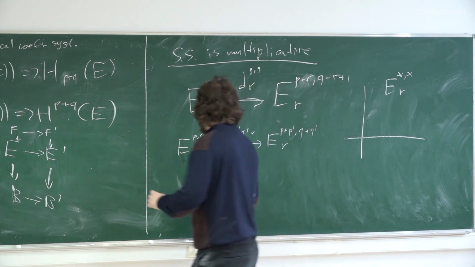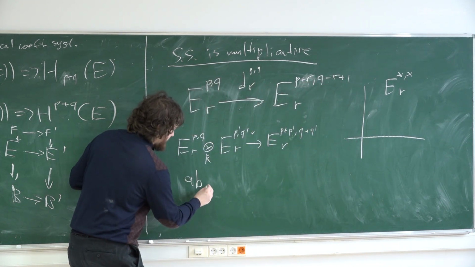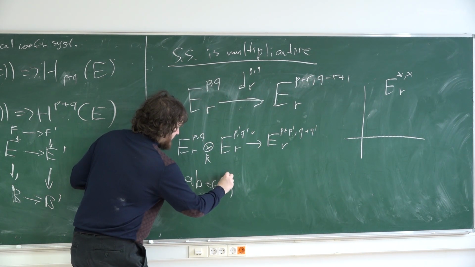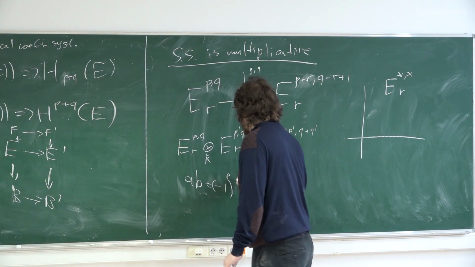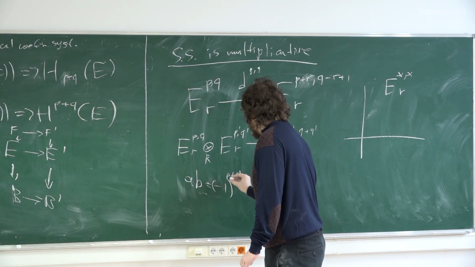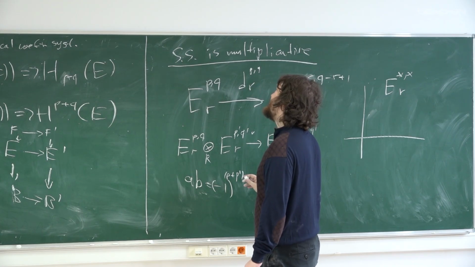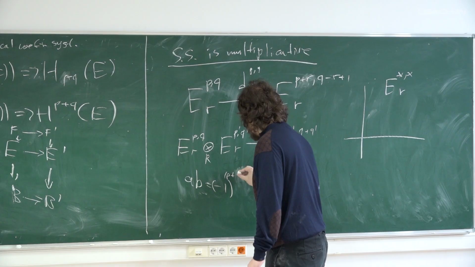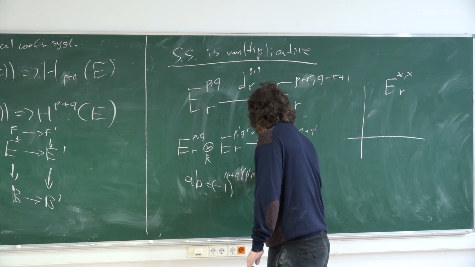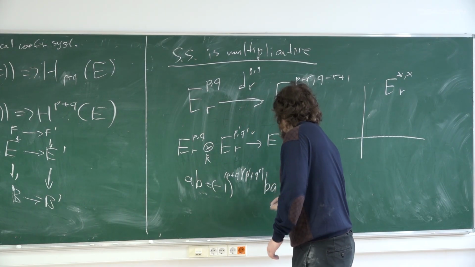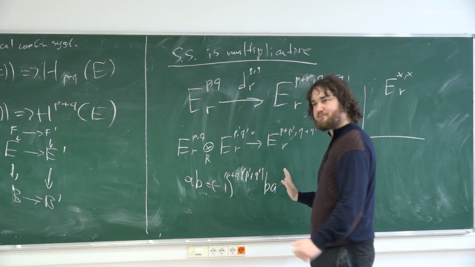I mean that ab is equal to minus one to the power (p plus q)(p prime plus q prime) times ba, if a is from E_{p,q} and b from E_{p',q'}.